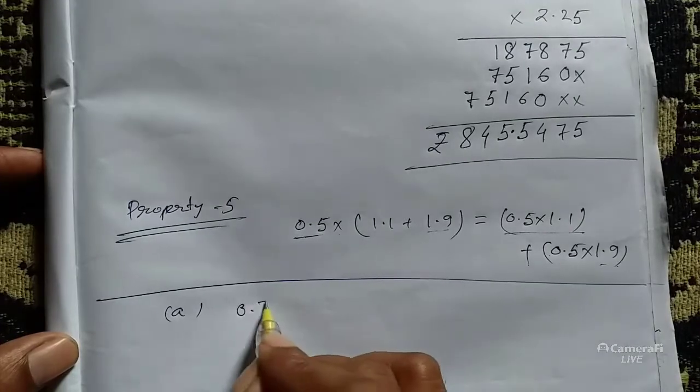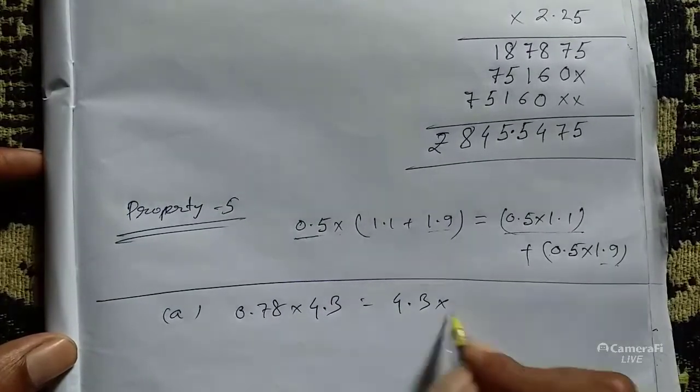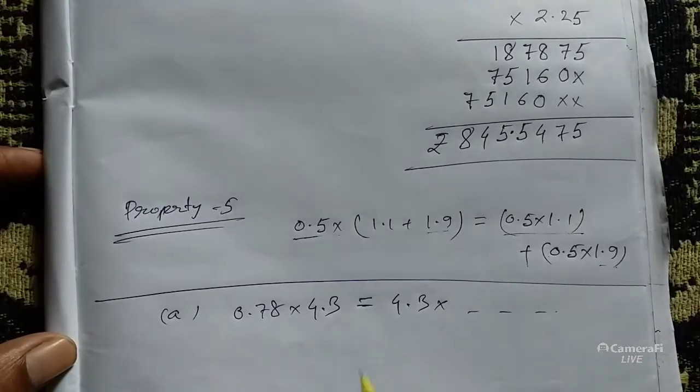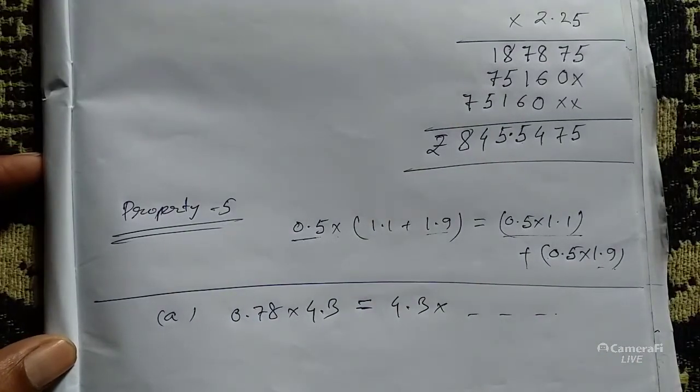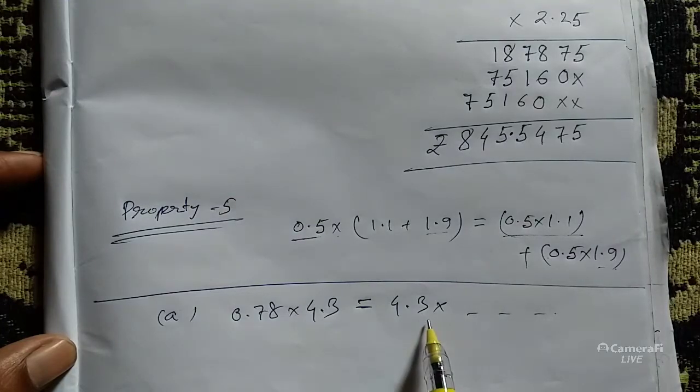Suppose 0.78 multiply 4.3 is equal to 4.3 multiply dash. So this is the simple application of property number 1, the order property. Two numbers are here, 0.78 and 4.3 multiplying, but here 4.3 comes first.